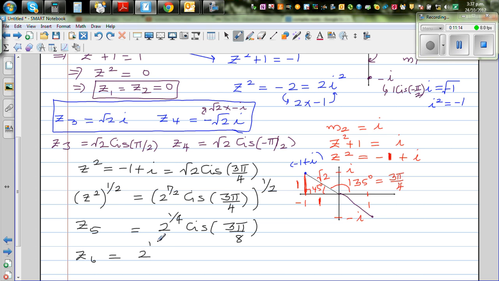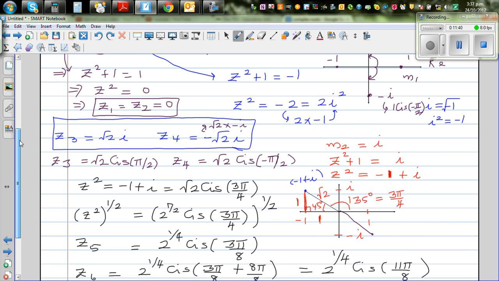It will be 2 raised to 1/4 cis 3 pi by 8 plus pi, which is 8 pi by 8. Adding them gives 2 raised to 1/4, the fourth root of 2, cis 11 pi by 8.